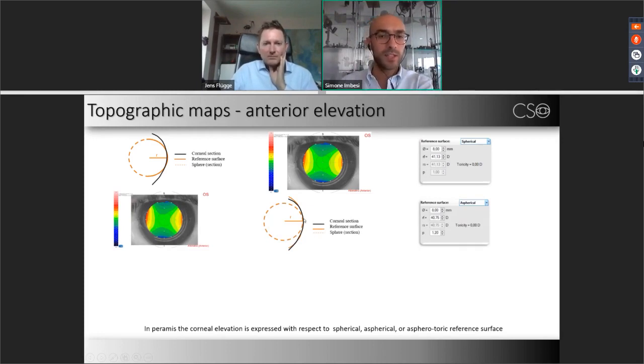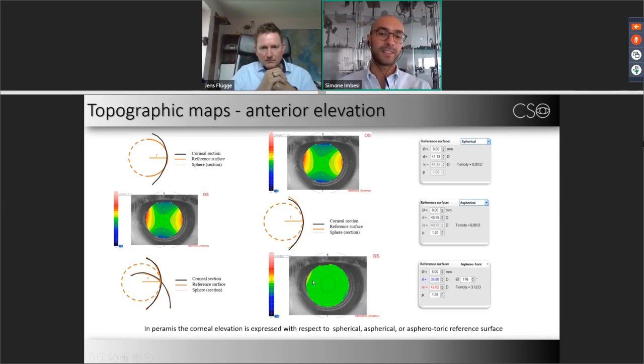The other one is the aspheric one, which can be defined with a radius of curvature and a coefficient of eccentricity, in other words, a number that expresses how the cornea gets flat or steep going from center to periphery. And the last reference surface, which is more similar to corneal shape, as you can see from the altimetric map, is the aspherotoric surface.